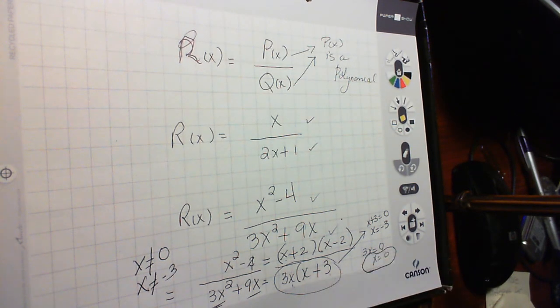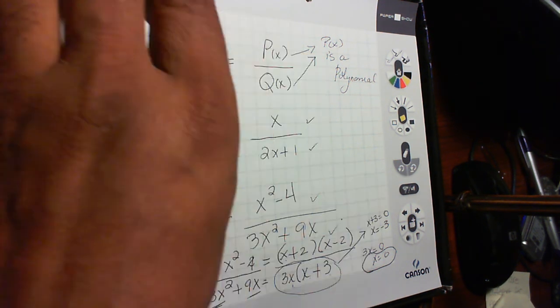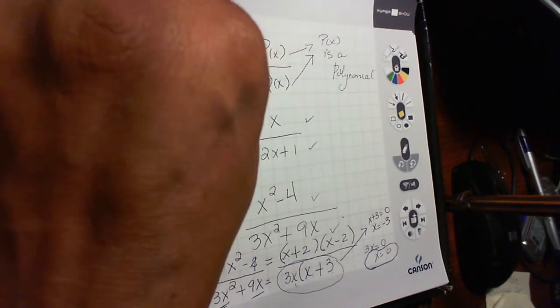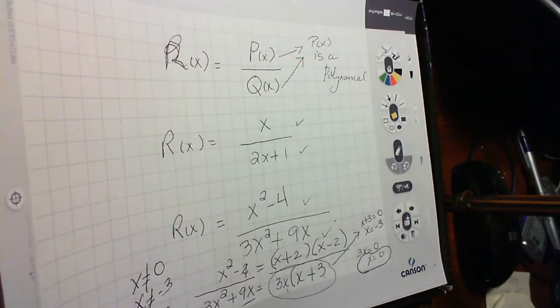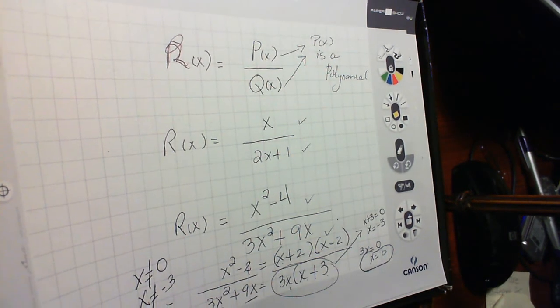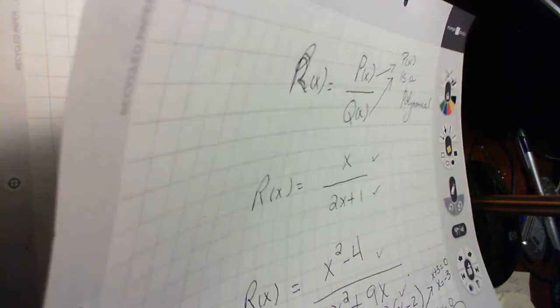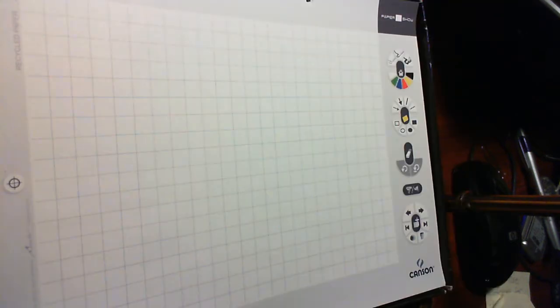Okay, so the domain here is all real numbers except for 0 and negative 3. Remember, it can be anything here except for 0 and negative 3. Okay, so let me look at another one.